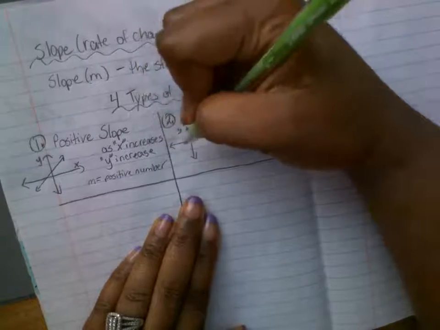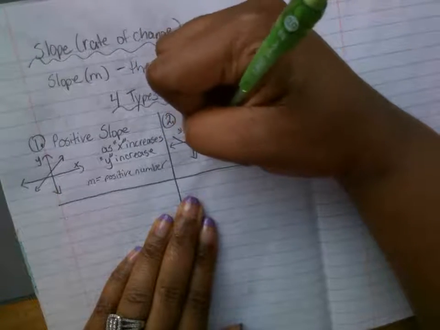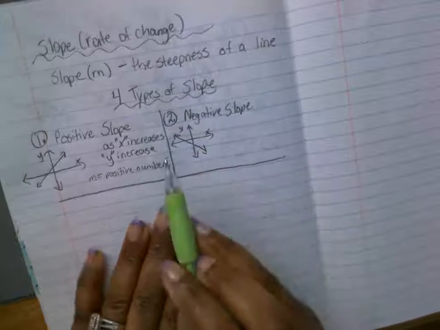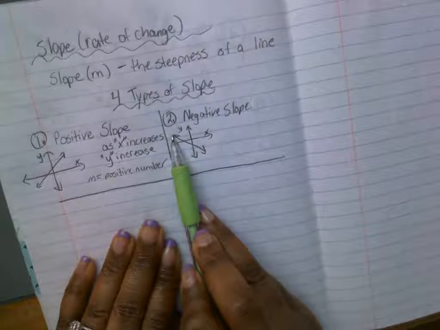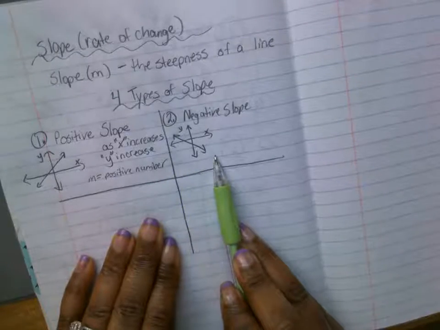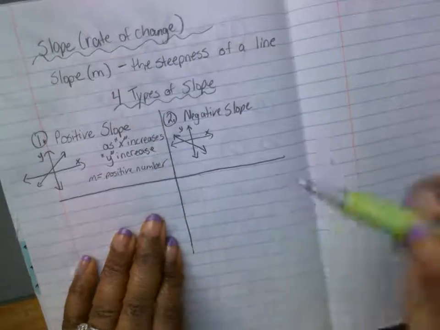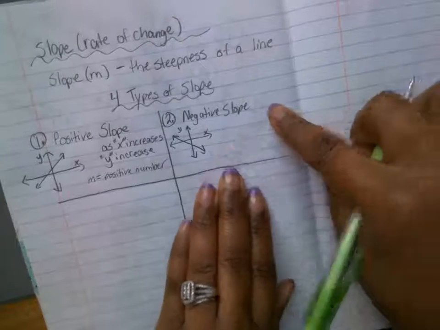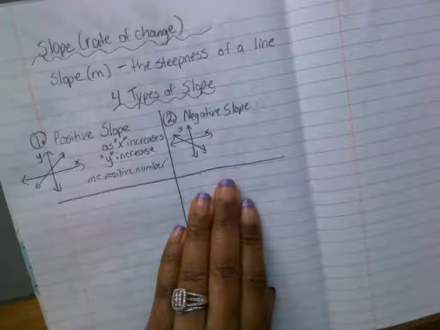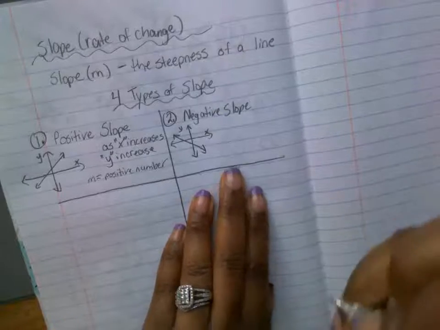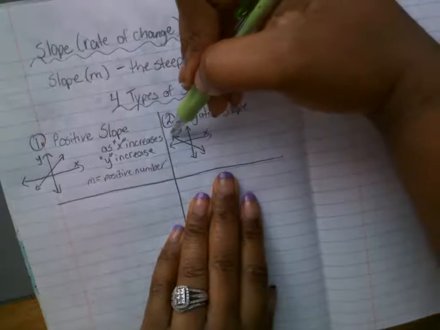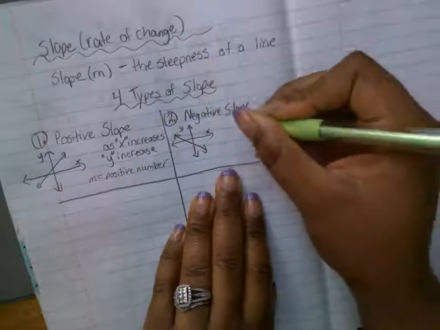Negative slope is where as x increases, y decreases. So your line is going down. When you start from the left side, your line is up here and it's going down as your x increases. Remember, x always increases because you read from left to right, like reading a book. That gives us a line that goes down.